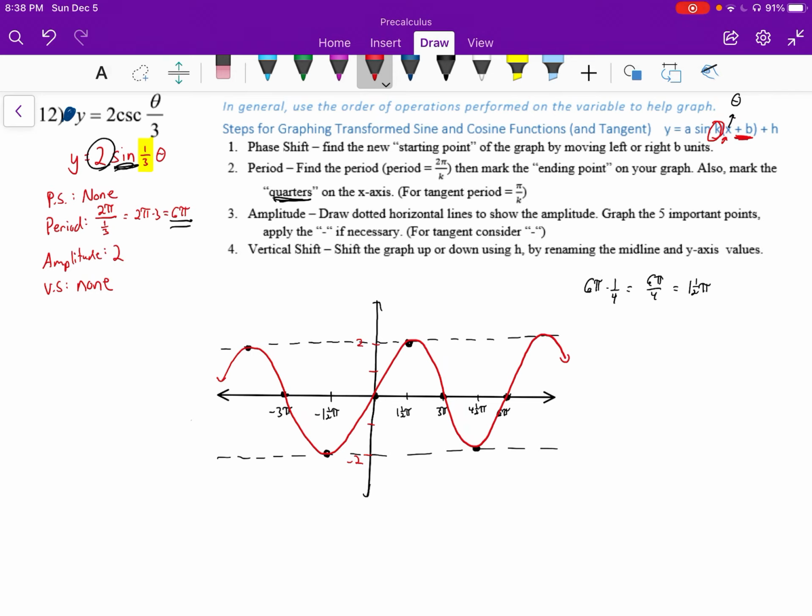So once we're going for cosecant, wherever there's a 0 on the original function, 0 will go to being a vertical asymptote. So we're going to put vertical asymptotes wherever the sine graph crossed 0 or crossed the x-axis.